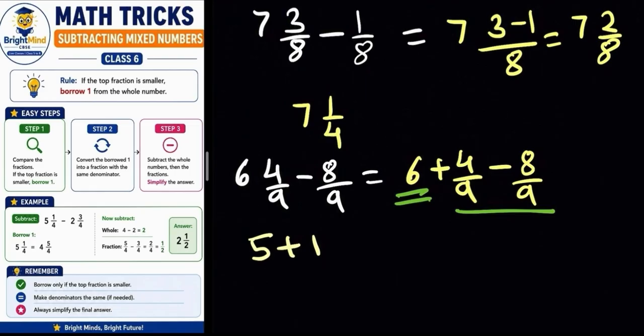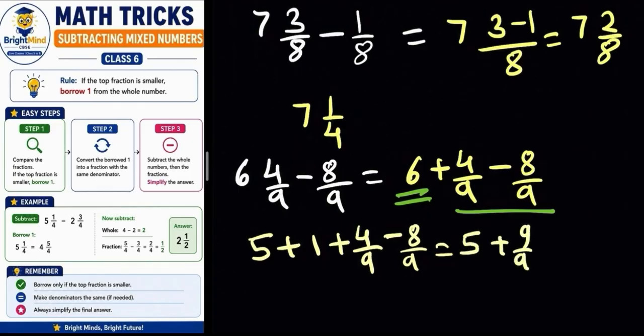I will show you how. So it becomes 5 plus 1 plus 4 by 9 minus 8 by 9, which is 5 plus 9 by 9 plus 4 by 9 minus 8 by 9.